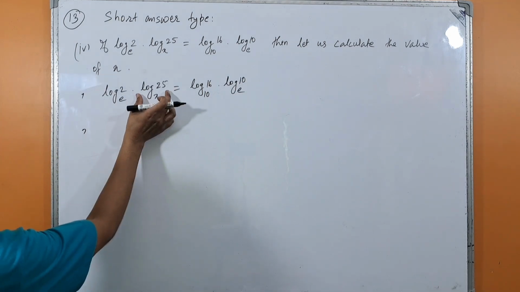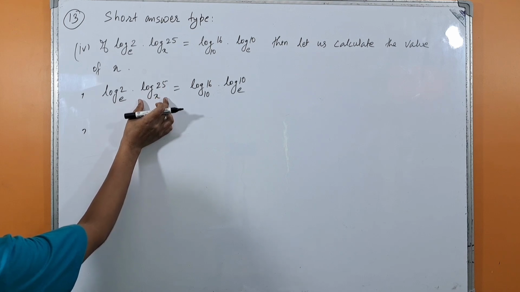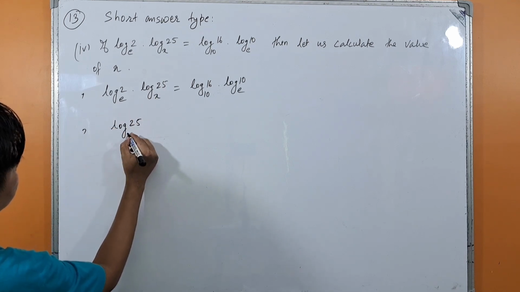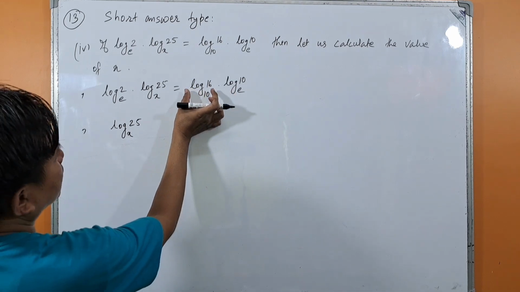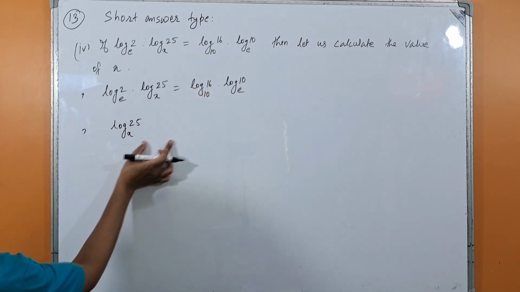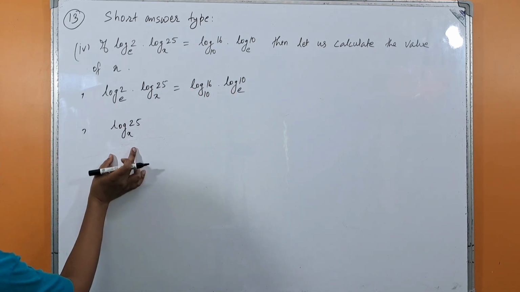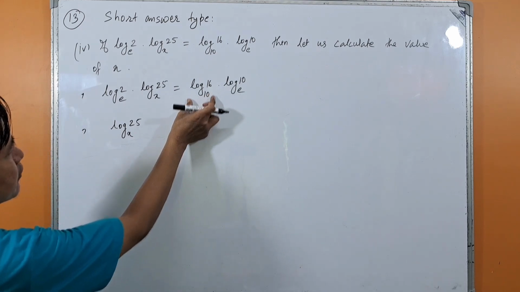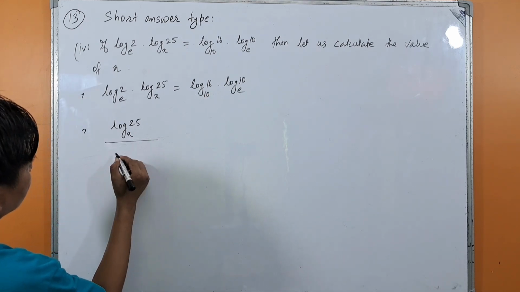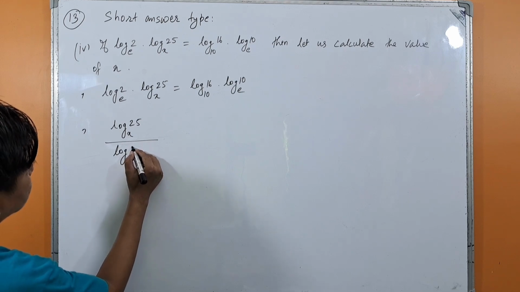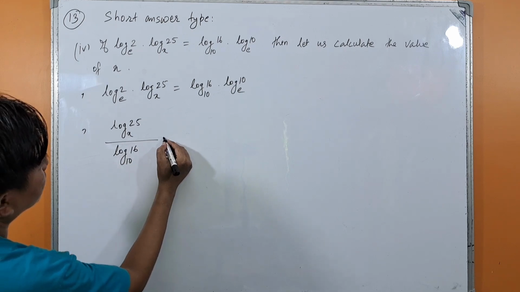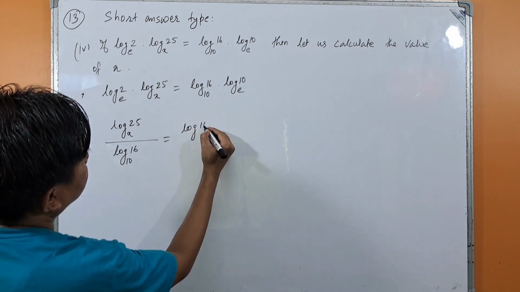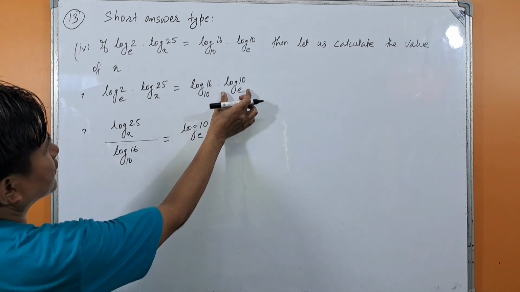Okay, now we keep this log 25 to the base x in the left hand side. We bring this log 16 to the base 10 to the right hand side by cross multiplication. Because we have multiplication sign here, this will come to the denominator. Log 25 to the base x equal to, we have log 10 to the base e in the right hand side.